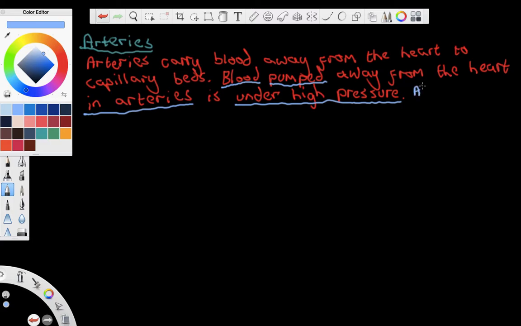So I'm going to put all adaptations of the arteries allow them to withstand high pressure.